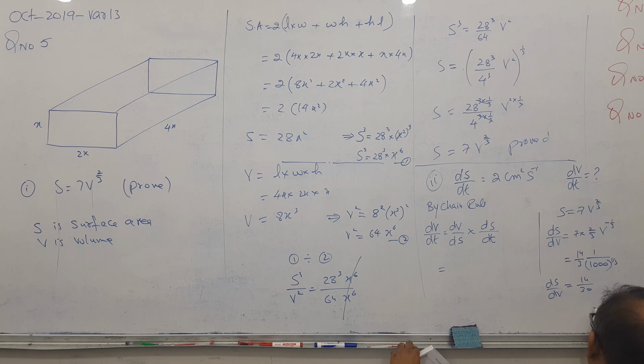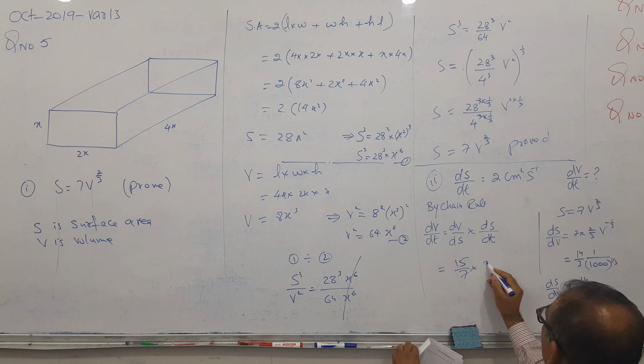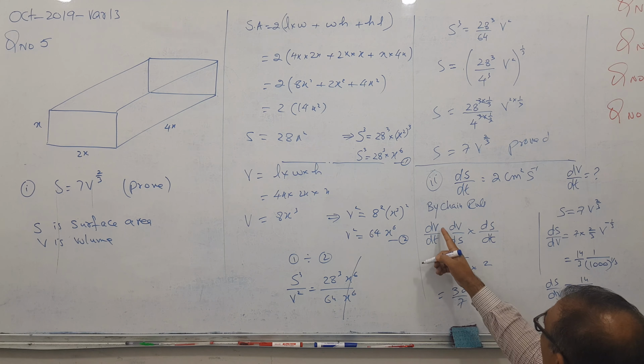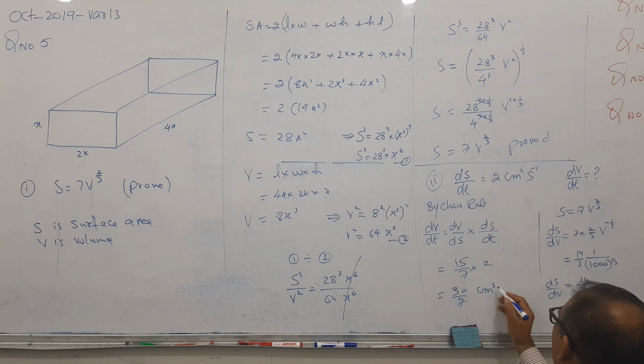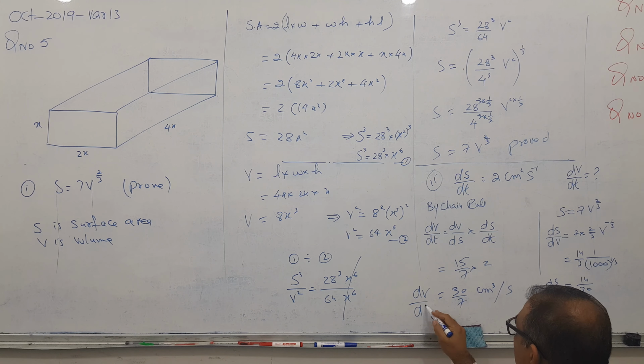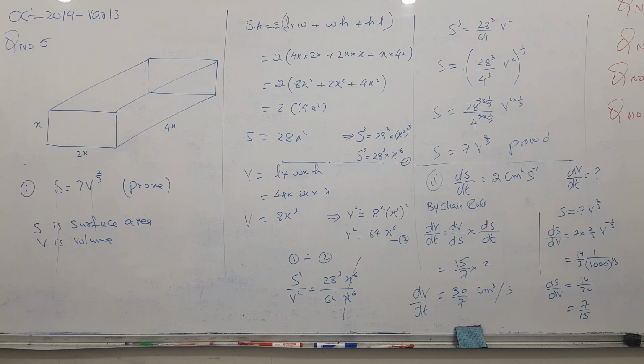But this is dS by dV, S up, volume down. We need volume up, S down, so we flip: 15 by 7. And this is a 2, so I got 30 by 7. And because it is volume, centimeter cube per second is my answer for dV by dt. And that's it.